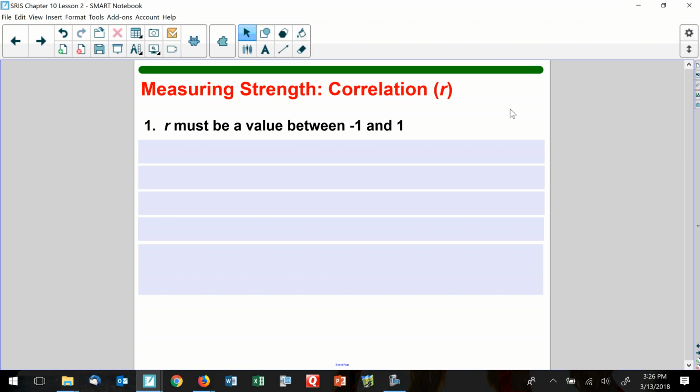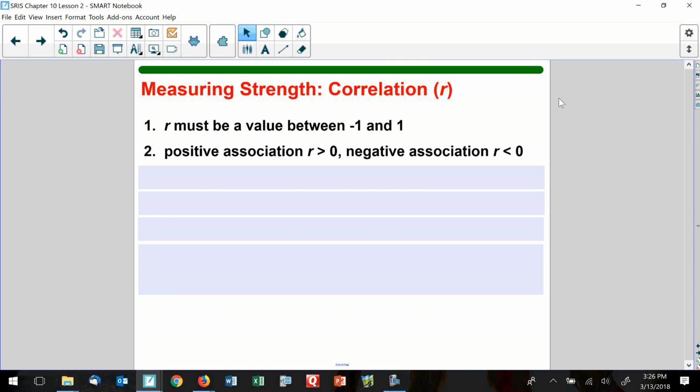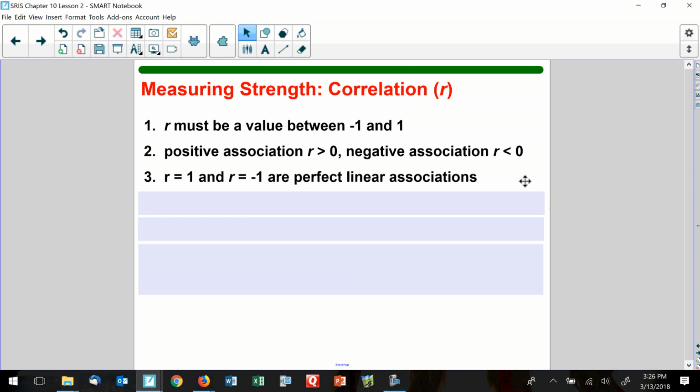The closer you are to 0, the weaker you are. The closer you are to -1 and 1, the stronger your correlation is, and the closer your dots are to a line. Positive correlations are greater than 0, negative less than 0. 1 and -1 are perfect linear associations, where the data falls exactly in a straight line.